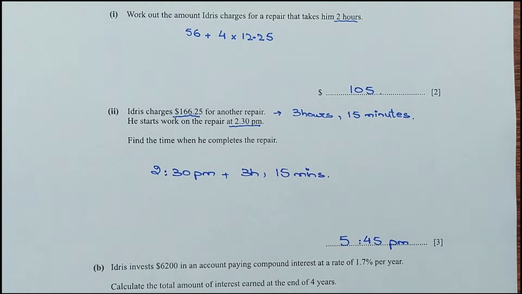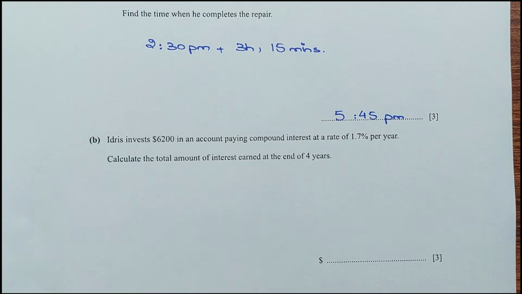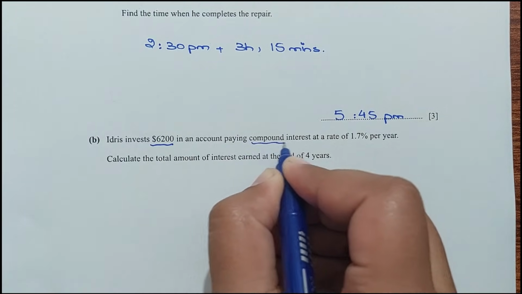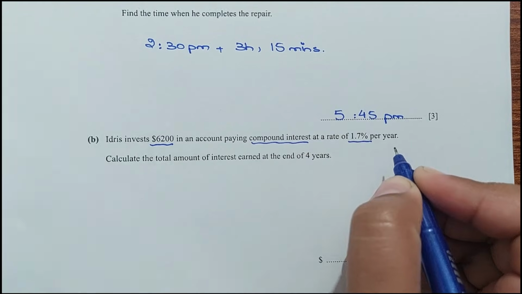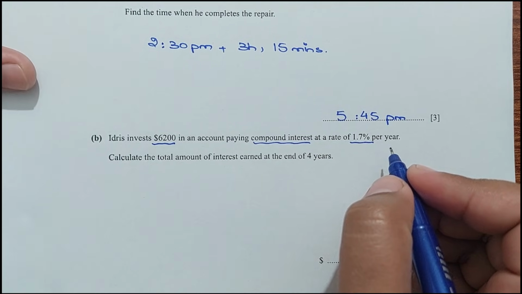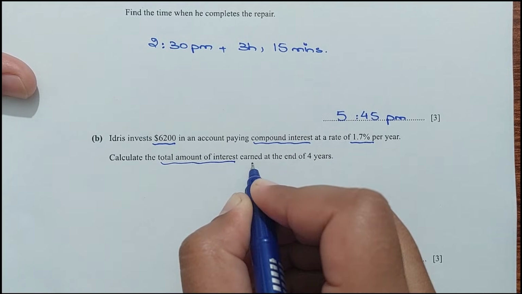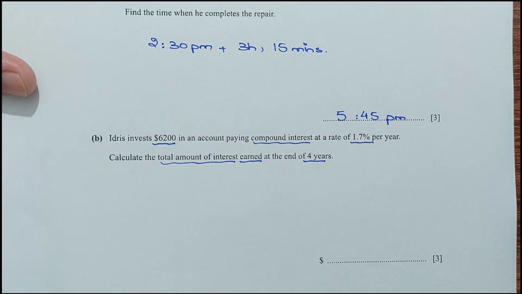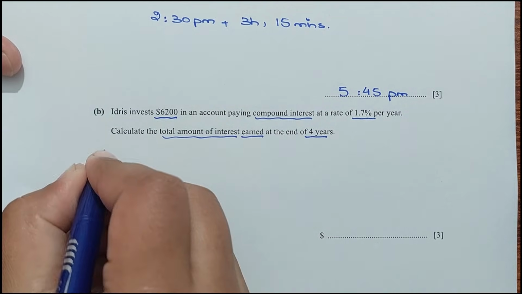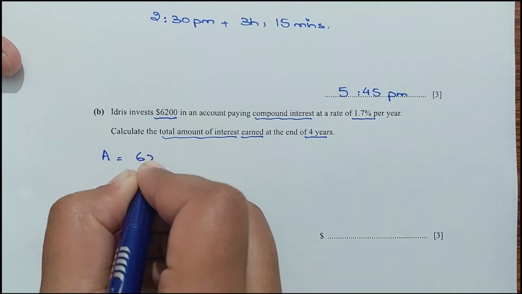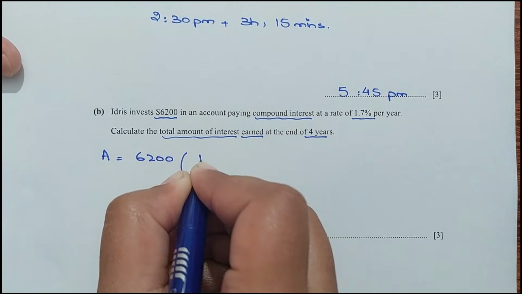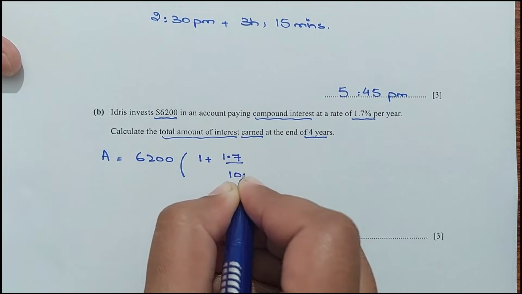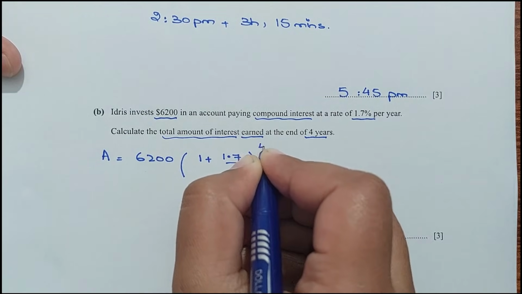All right. Now for part B, Idris invests $6,200 in an account paying compound interest at a rate of 1.7% per year. Calculate the total amount of interest earned at the end of 4 years. First we solve for the amount: the investment 6,200 times 1 plus the interest rate 1.7 over 100, to the power of 4.